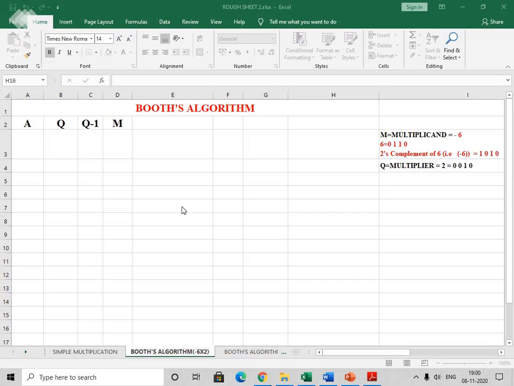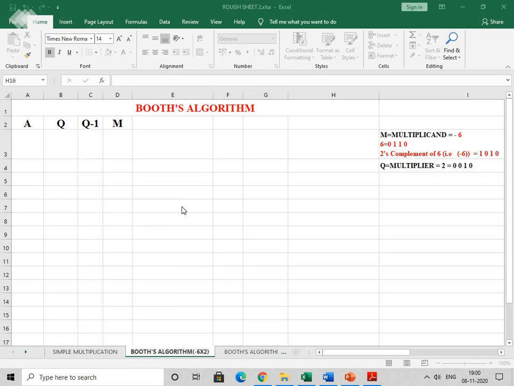Hello students, in this session we are going to solve a Booth's algorithm numerical, that is -6 into 2. We are taking here multiplicand as -6 in M register and multiplier as 2 in Q register, right?